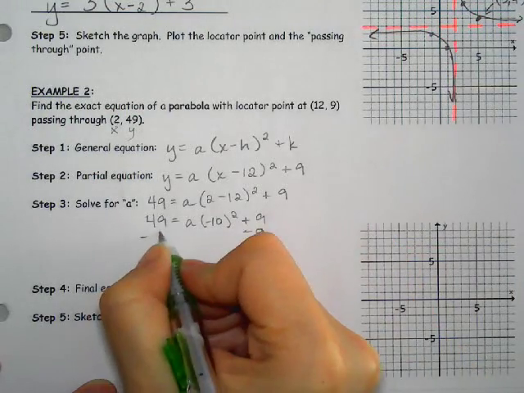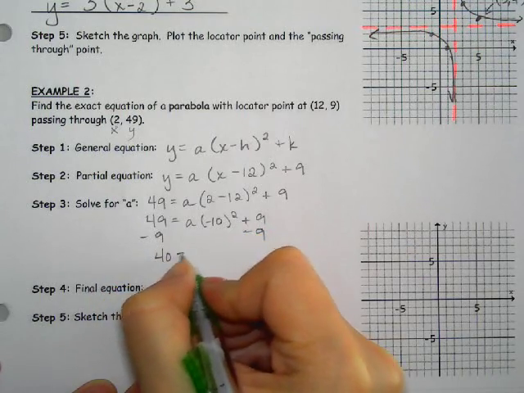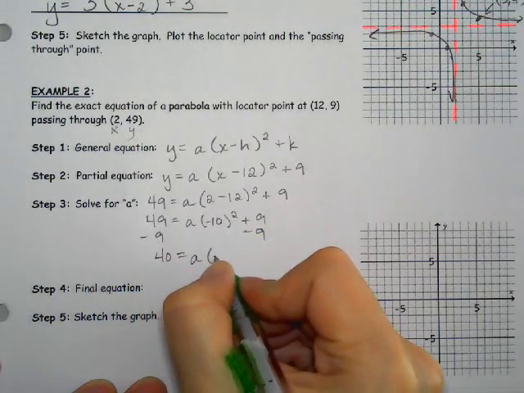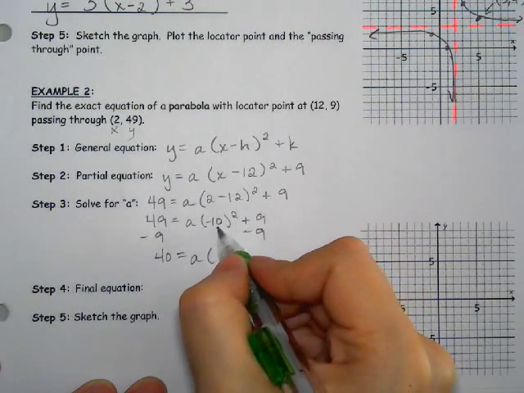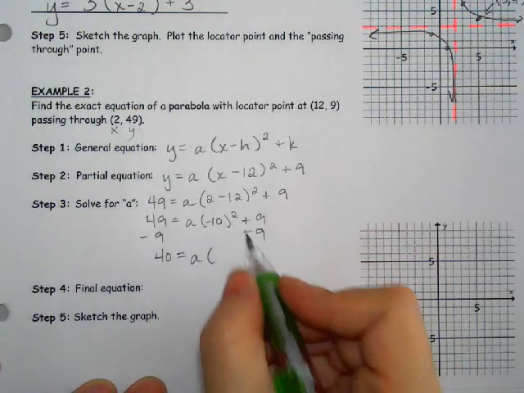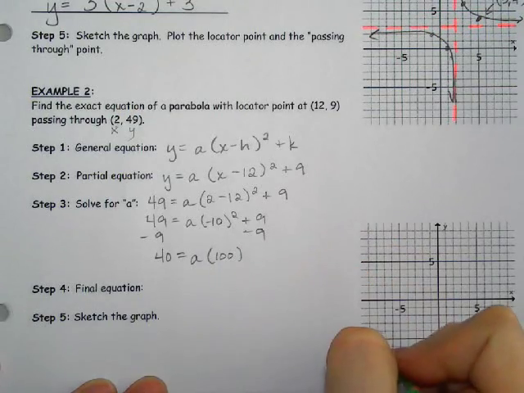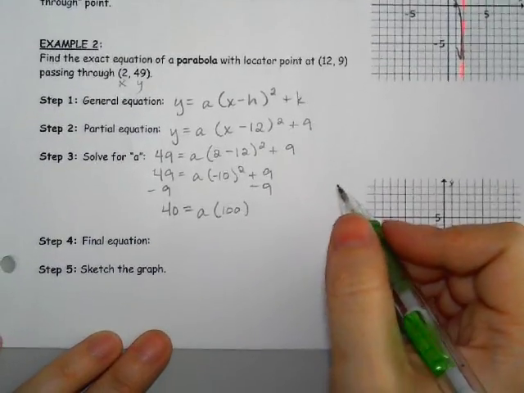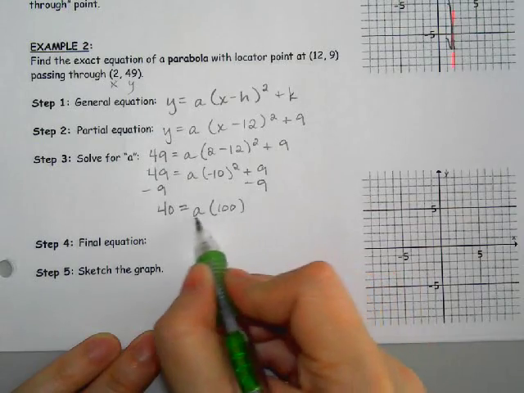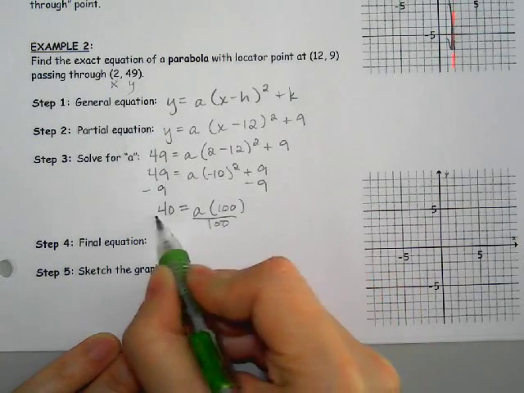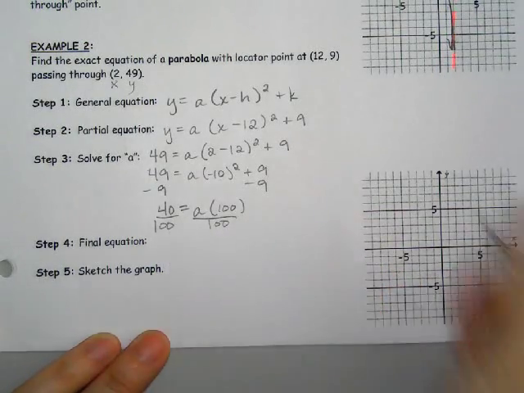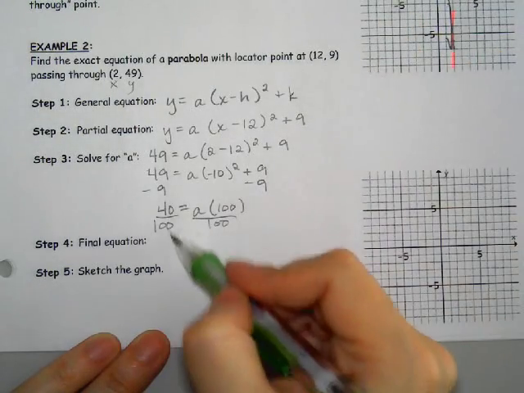Subtract 9 from both sides. So we have 40 equals A times, and I'm going to go ahead and square that. Negative 10 squared is going to be positive 100. Make sure you recognize that anything squared will always be positive. And then I'm going to divide by 100. And I prefer to leave things in the fraction form.